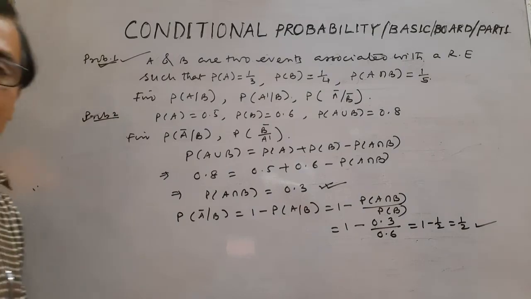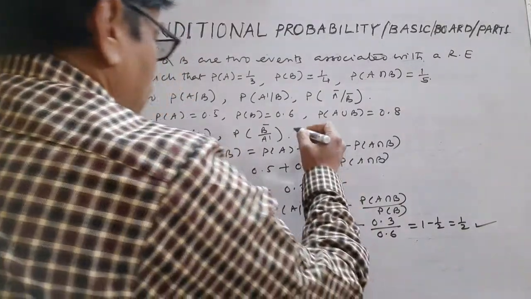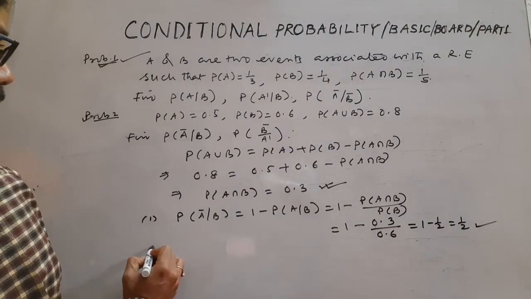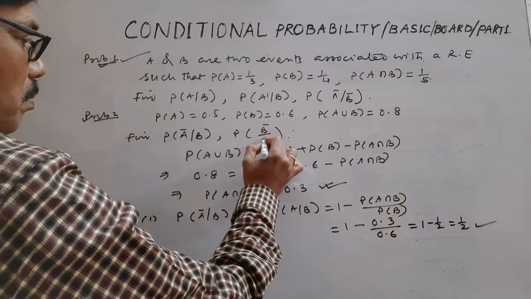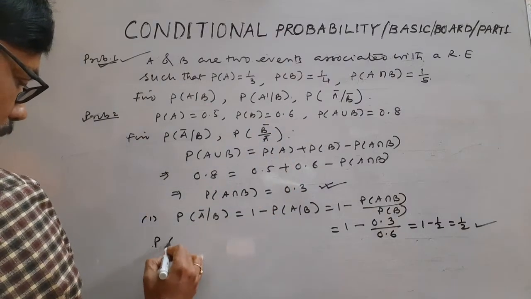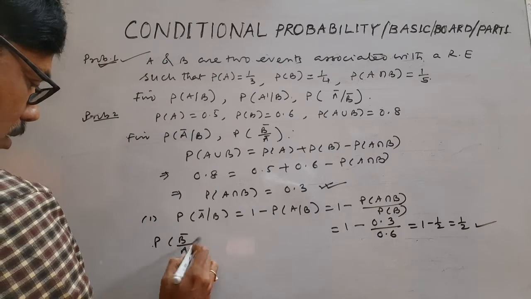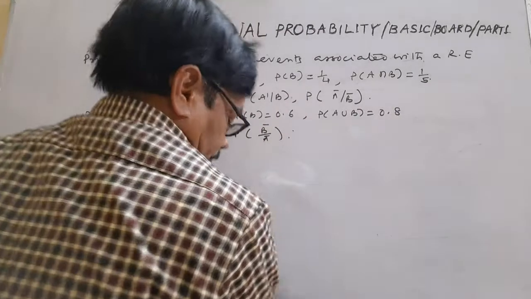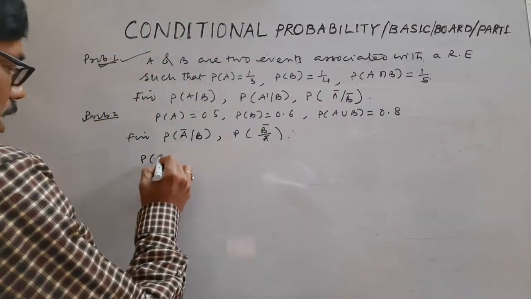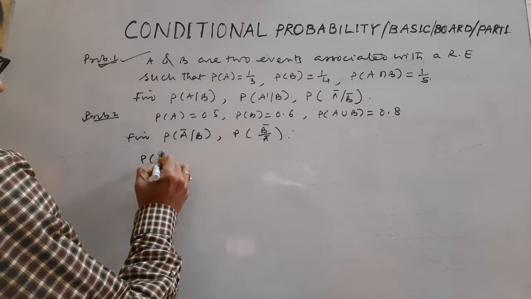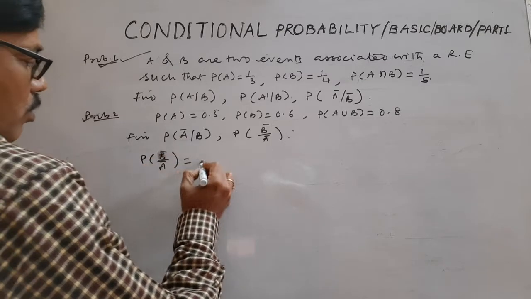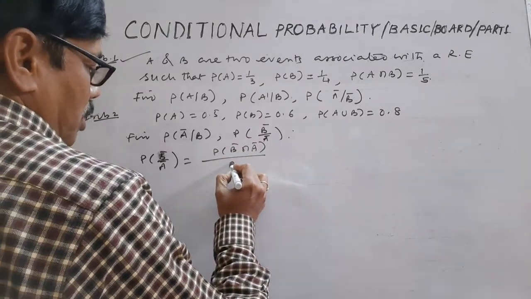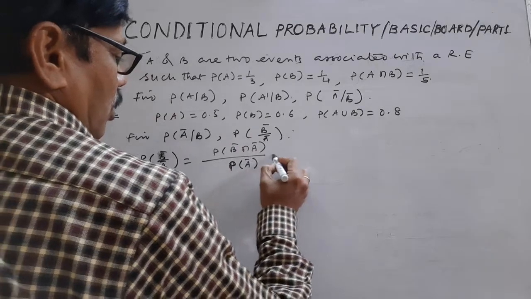Now finally, number 2: P(B bar by A bar). So P(B bar by A bar) equals P(B bar intersection A bar) by P(A bar).